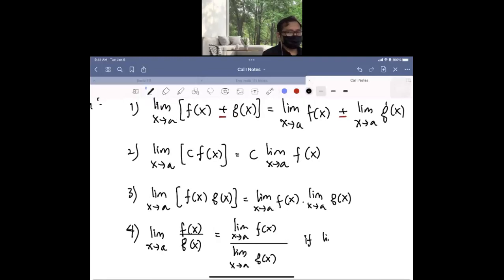And for a quotient, we also need to make sure the denominator is not 0.